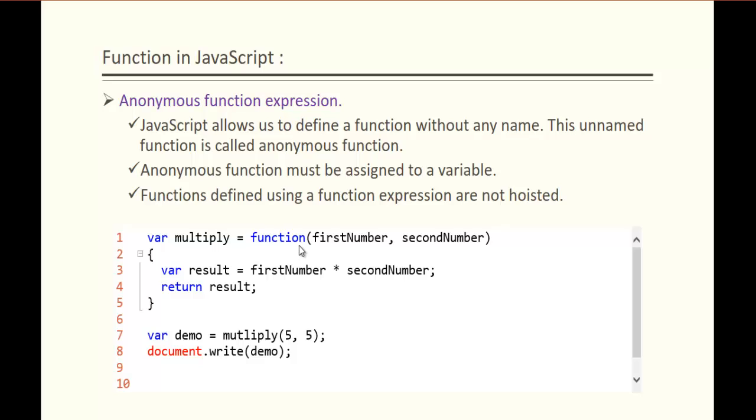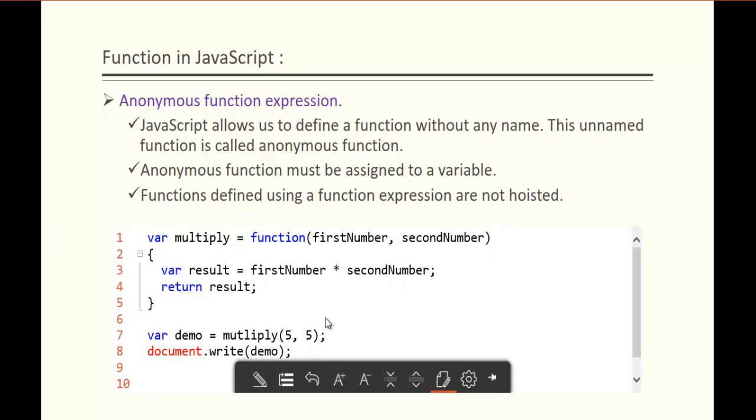In the standard function definition, we have to use the function keyword and immediately name the function. Right now in this piece of code, we have only the function keyword, but we have not named the function. So what do we call this type of function? This type of function is called an anonymous function. That's the meaning of this sentence: JavaScript allows us to define a function without any name. So this function does not have any name, so it is called an anonymous function.